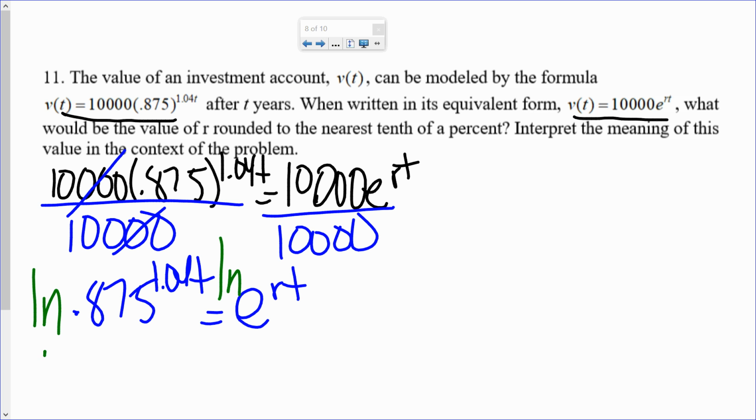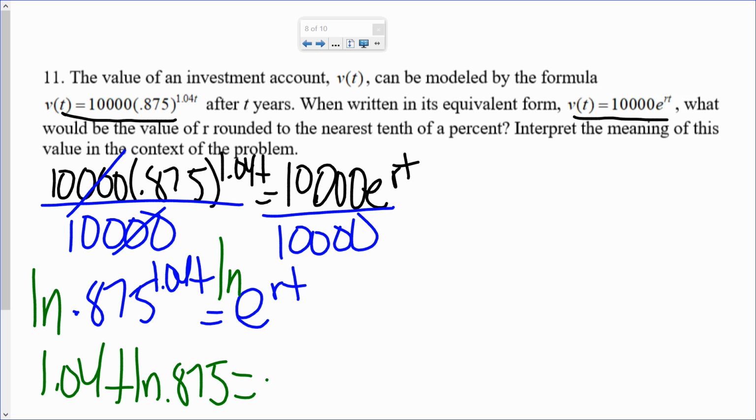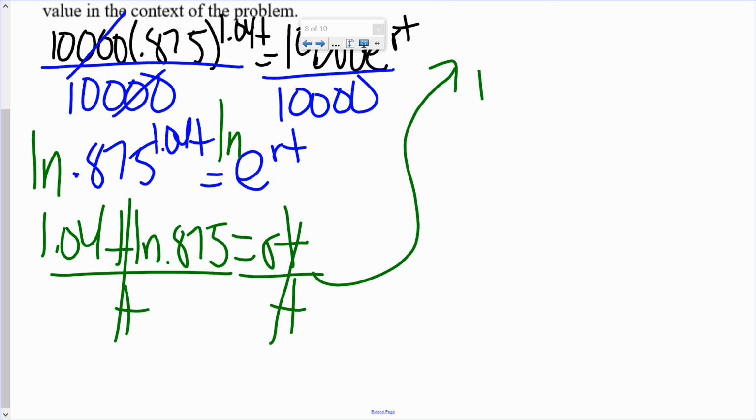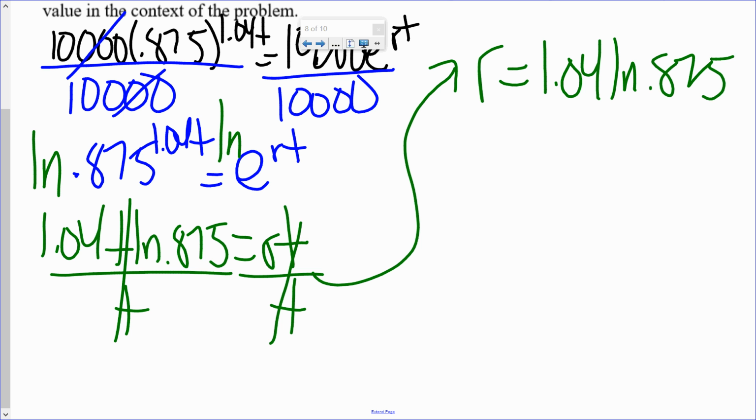So I get 1.04t ln 0.875 equals rt ln e. I don't have to write the ln e since it cancels out. I divide by t. The t's cancel, r equals 1.04 ln 0.875.